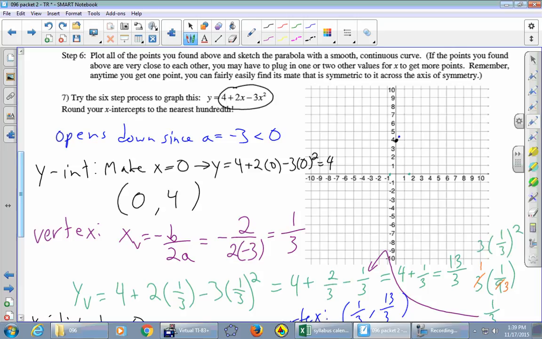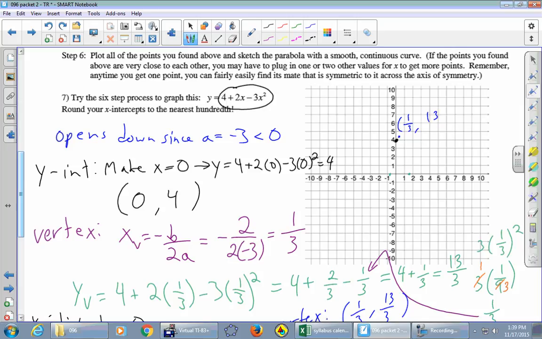And I guess there's just one point that we're missing. I see 4 points so far, but remember our standard is 5. And so the only point that we're missing is the symmetric one to which one? Yeah, the one at 4, the Y-intercept, right? So let's just find the symmetric point there. Remember the x coordinate was at 1/3 comma something.